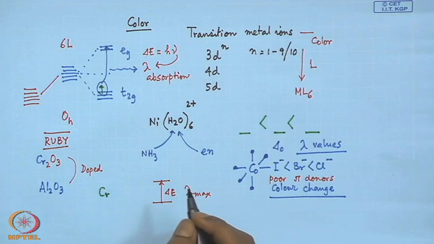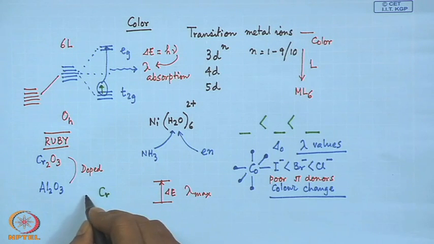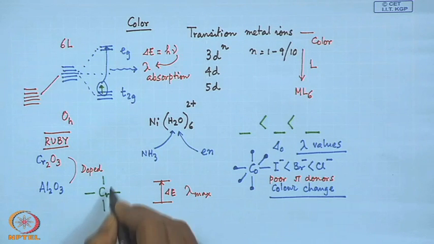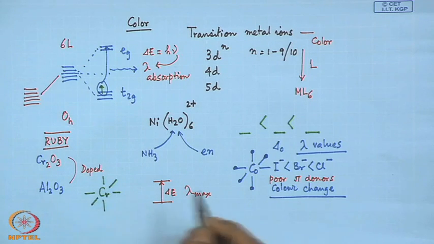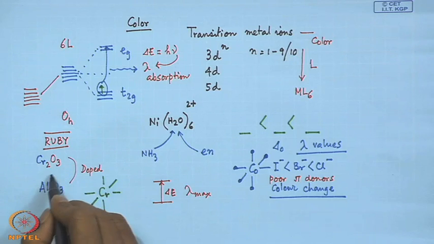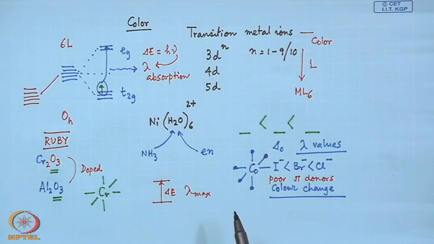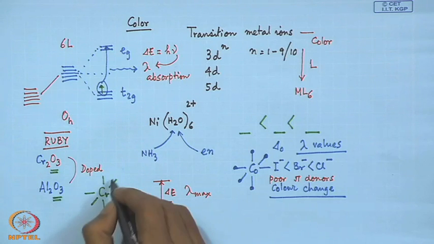Why is this colored? Because we get this chromium crystal field where we have the environment with all these oxygens, because all the ligands around the alumina as well as around the chromium are oxygen.